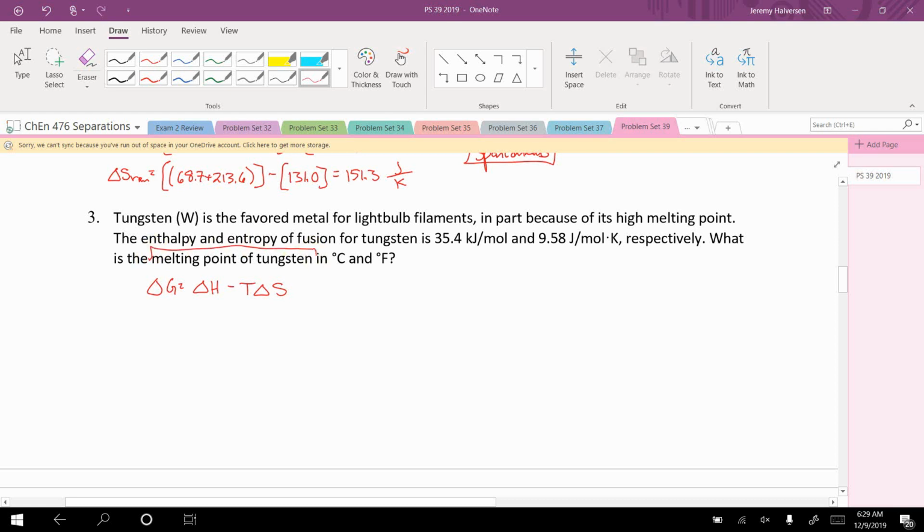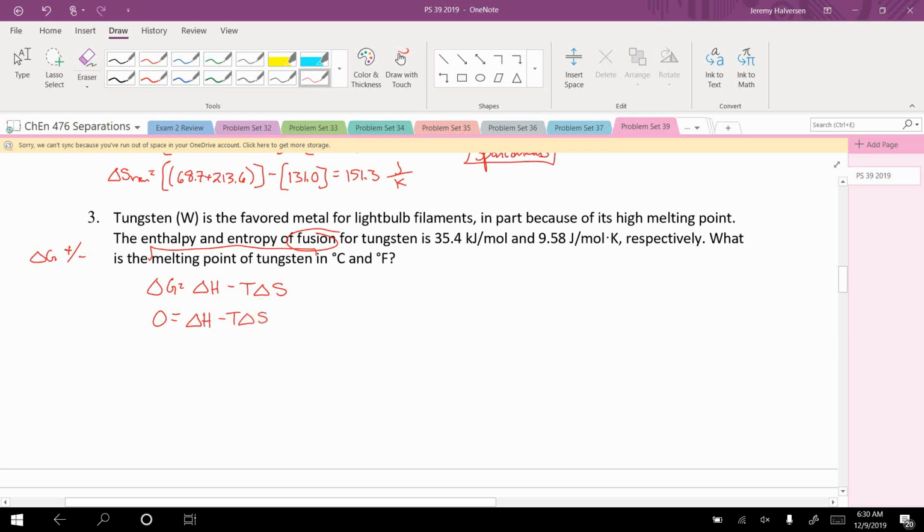Well, the melting point is the temperature at which the melting process or the fusion process goes from non-spontaneous to spontaneous, or the temperature at which delta G switches from positive to negative. Okay, well, what is delta G right when it switches from positive to negative? It's 0. So I could set delta G to 0 and find the temperature when delta G is equal to 0.